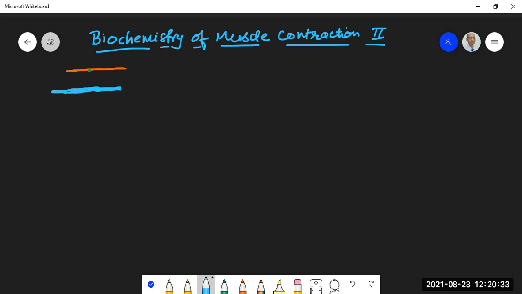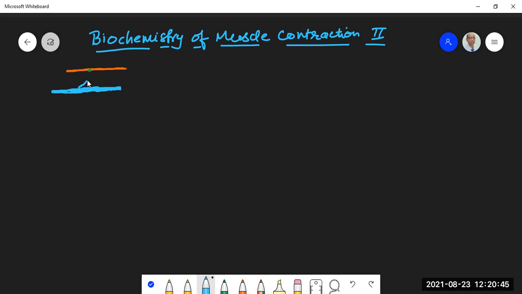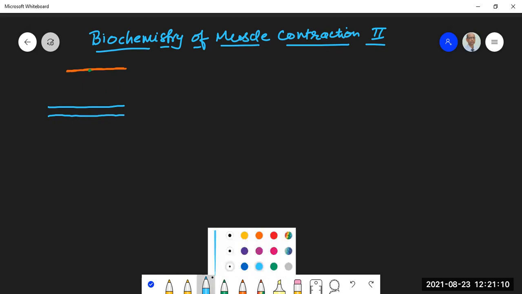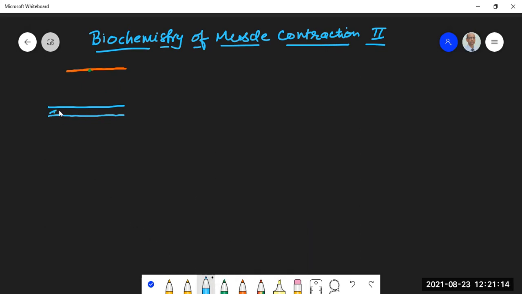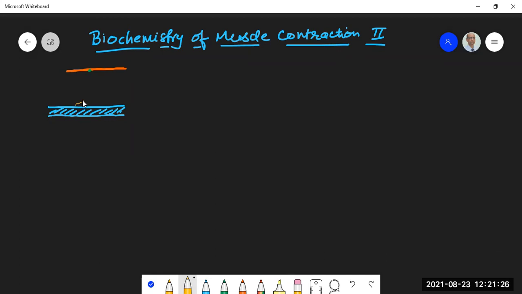From the shape also you can imagine that this is a thick filament, and from the thick filament, using this hinge, this is the S1 head.